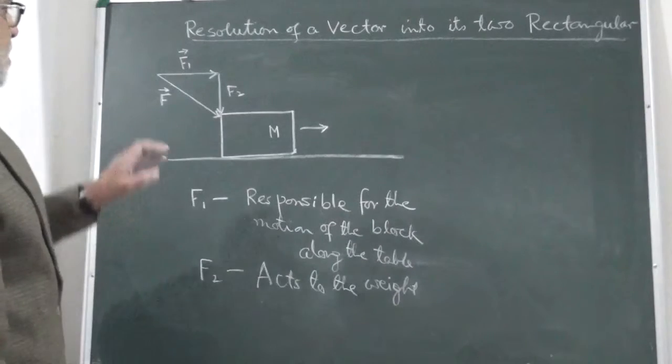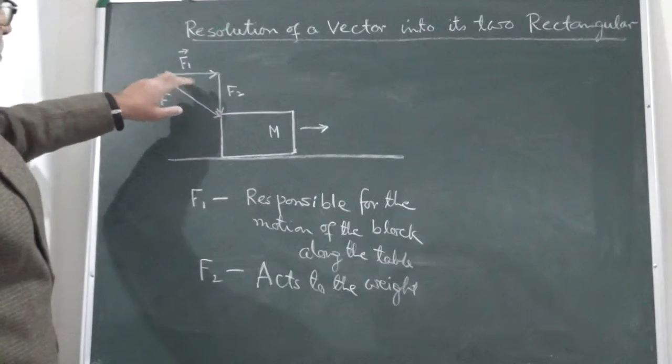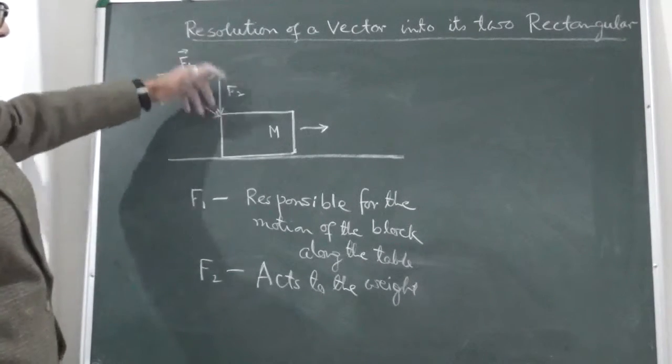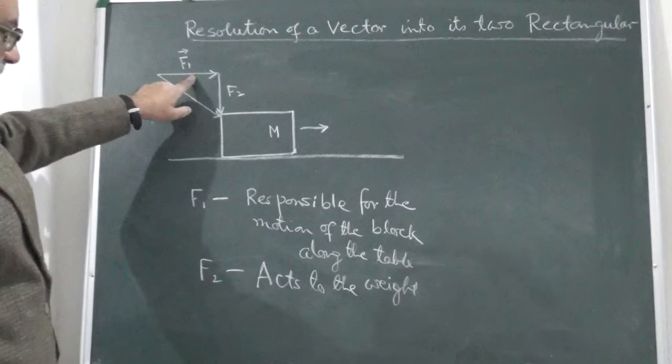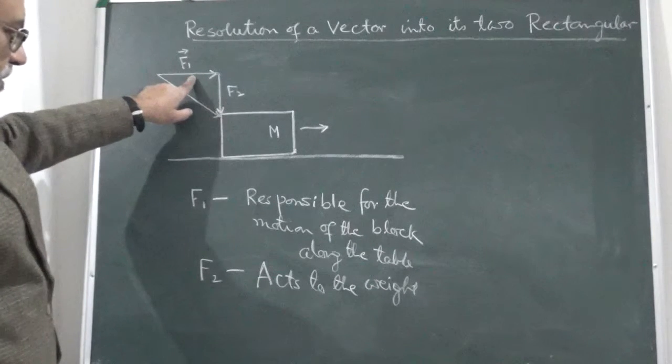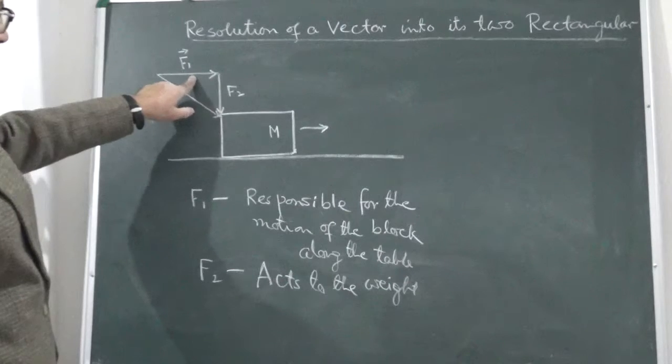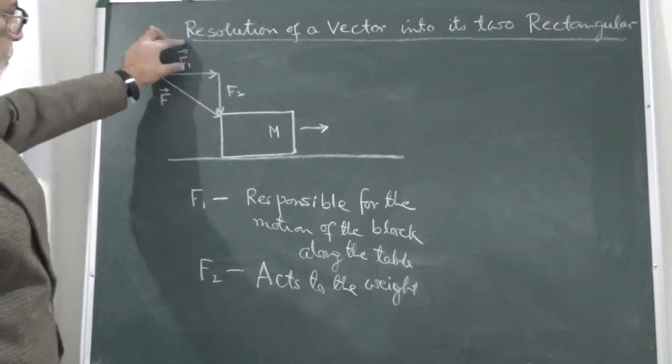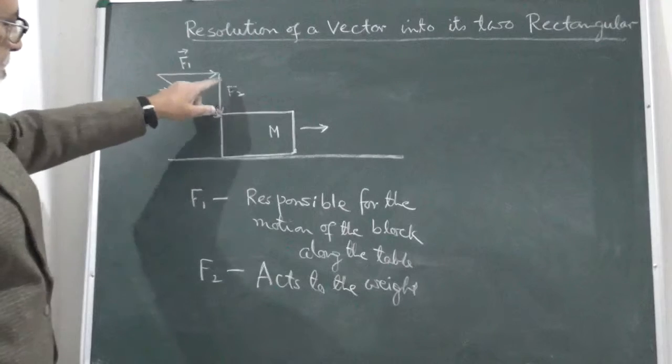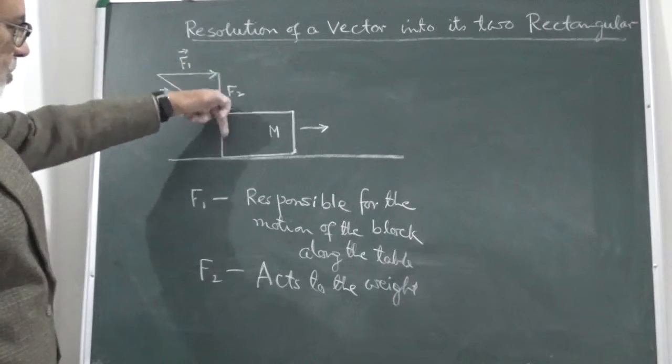Naturally, your choice of the pair of components will be these two, not the earlier F1 and F2, because these solve our problem and show how the motion takes place. The motion is due to the force F1 and not F2. F2 is just adding to the weight.